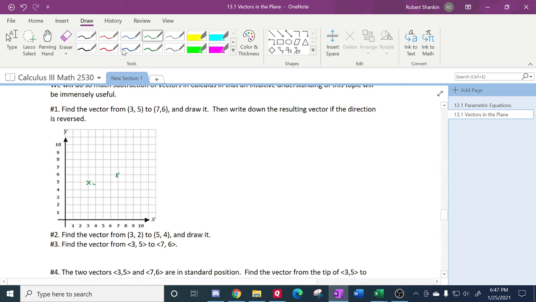Okay, so to find the vector from there to there and draw it, it looks like this. Then write down the resulting vector. First of all, I haven't really totally found that vector. I need to state what that vector is. That vector looks like it's going 1, 2, 3, 4 units to the right and 1 up.